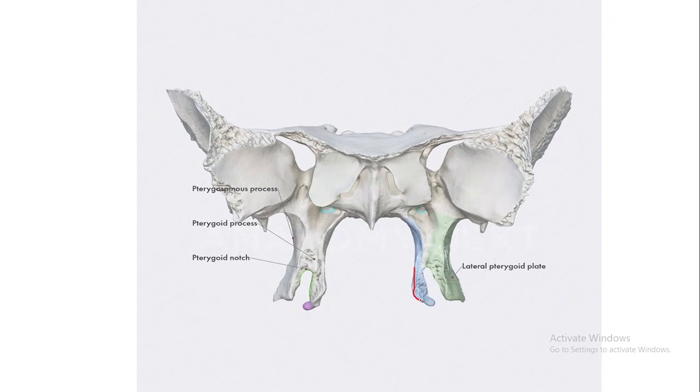When we see the medial pterygoid plate, it has a medial surface, which is here, and a lateral surface. Sorry, this is the lateral surface, and a medial surface posterior to this, and a free posterior border. So the medial pterygoid plate has basically two surfaces, a medial surface and a lateral surface, and a free posterior border.